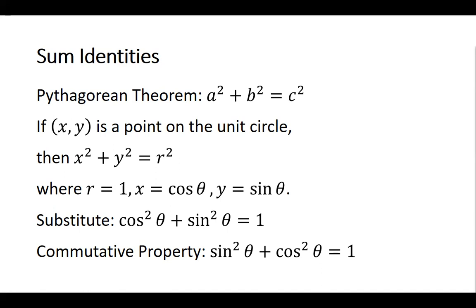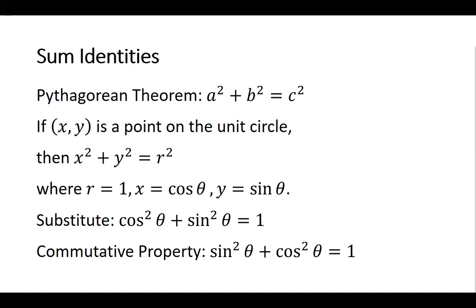Sine squared theta plus cosine squared theta is equal to 1. And like I said, that's relatively easy. That's y squared plus x squared is equal to 1. So if we're on a unit circle, that's what we're dealing with. So a point on the unit circle puts us at y squared plus x squared is equal to 1, which is the Pythagorean theorem. So that's the one that, like I said, I find to be more intuitive.